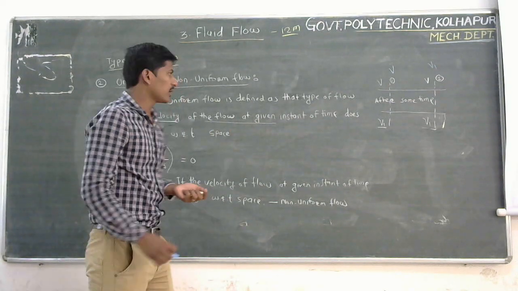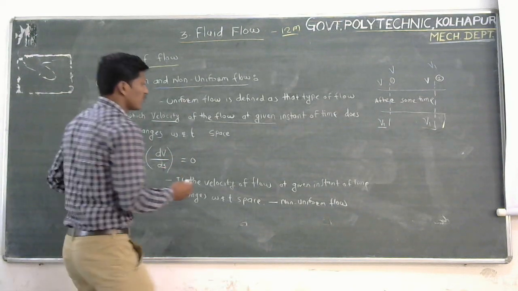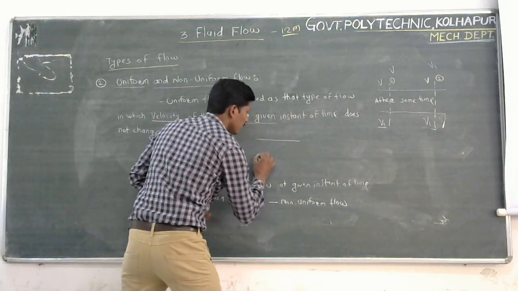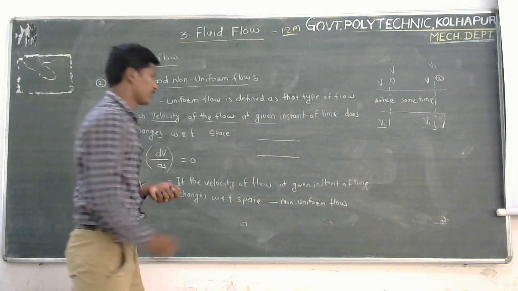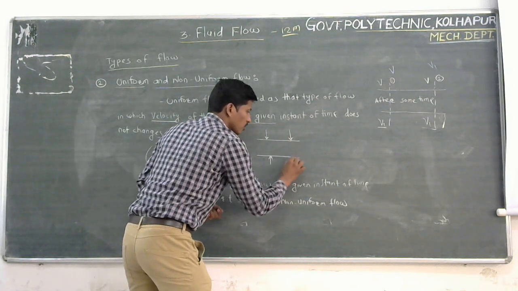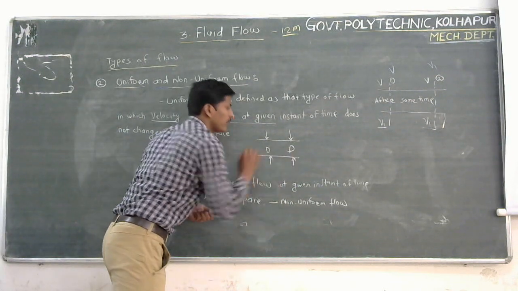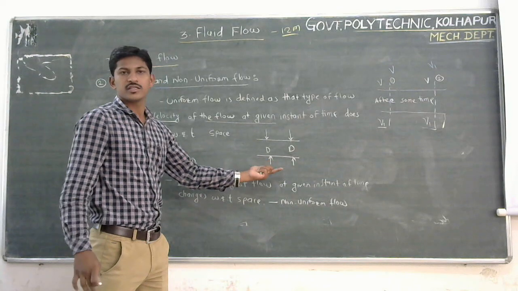For example, we can give an example for these two flows. If the fluid flows through a constant diameter pipe, then the flow is called uniform flow.